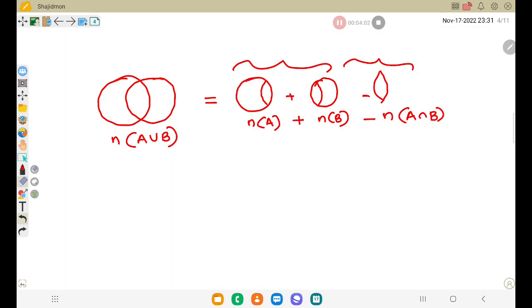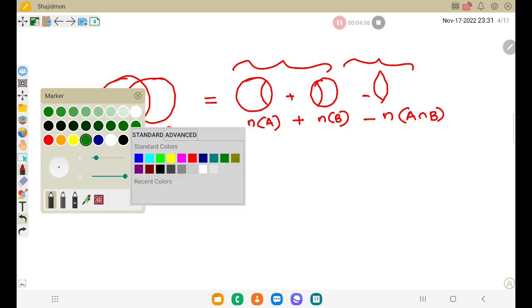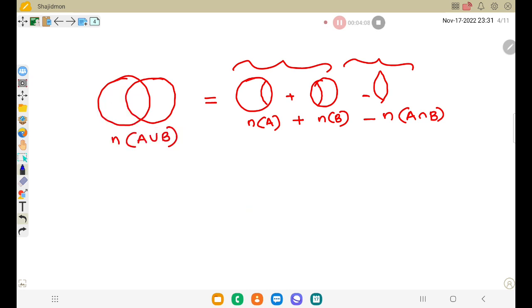If you have two sets, we can use this: number of elements of A union B equals number of elements of A plus number of elements of B minus number of elements of A intersection B. Now if you have three sets, what is the number of elements of A union B union C?